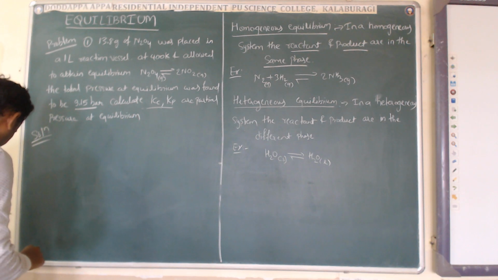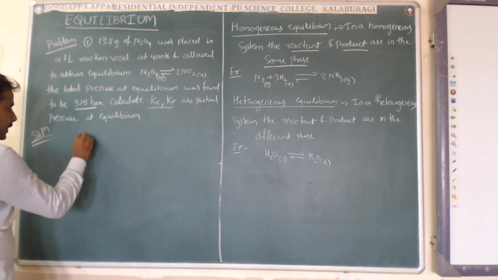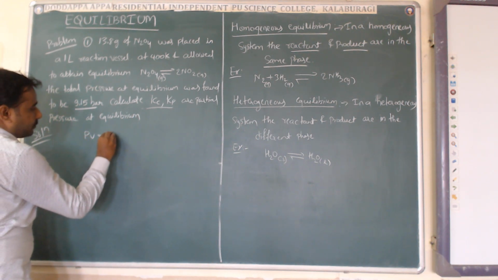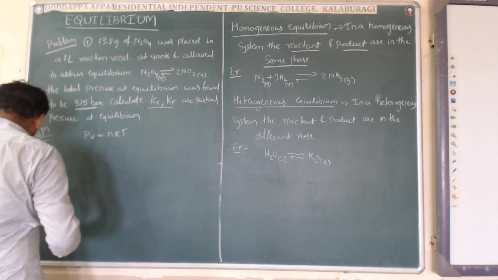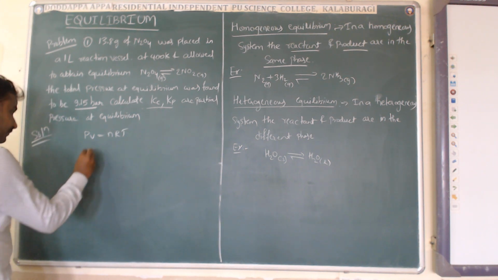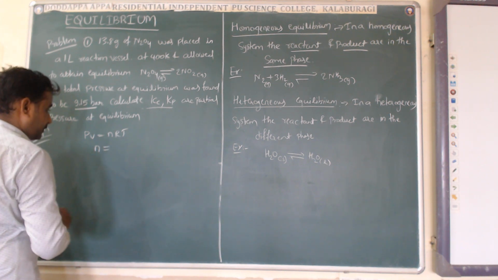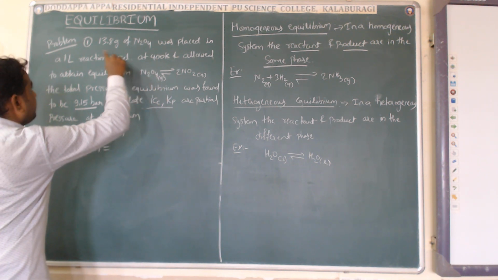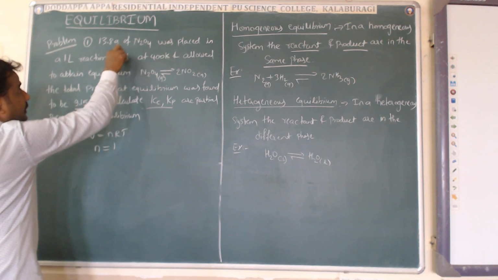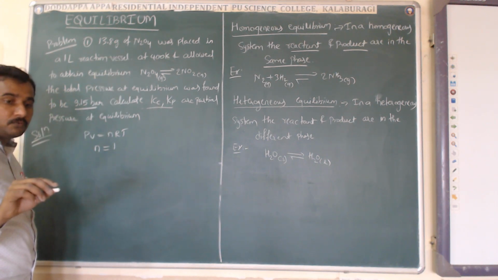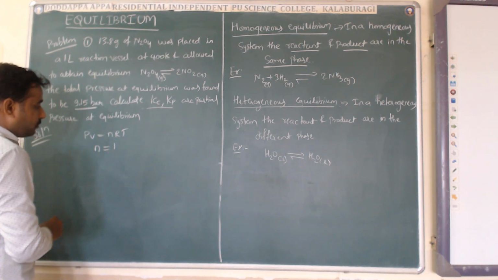How to solve this one? First you have to write down PV equals nRT. So first you have to find n. The 13.8 gram has to be converted into moles. How?